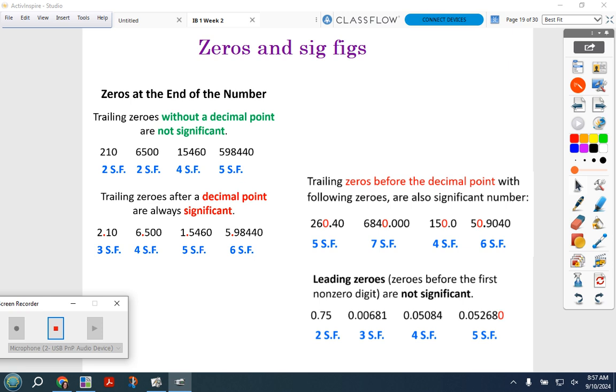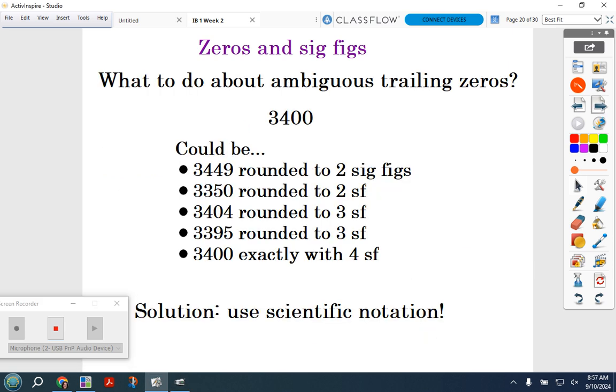So this leads us to a conundrum that your worksheet solves in a particular way that I don't like, which is, what do we do about ambiguous trailing zeros when we have a number like 3,400? Okay? So just looking at this number without any other information, this could be at least 5 different numbers, okay?